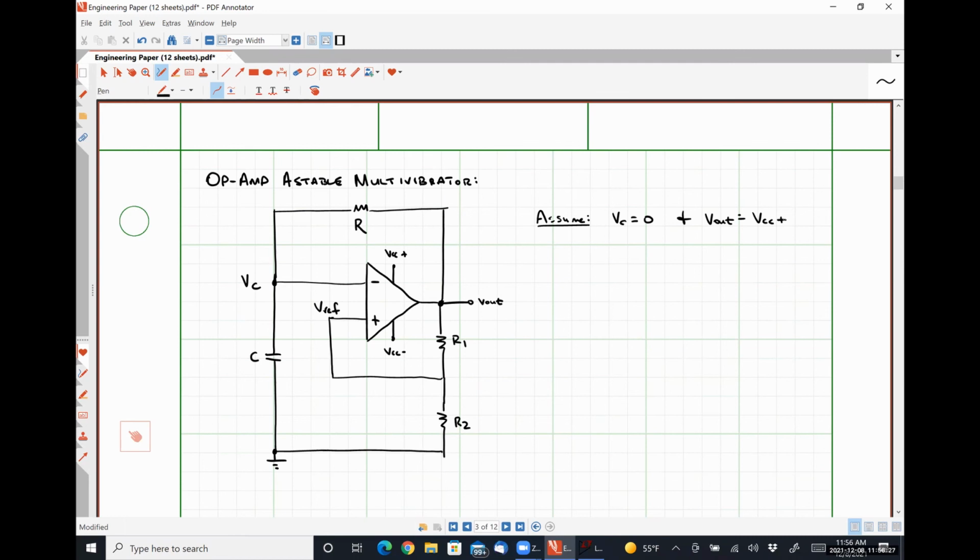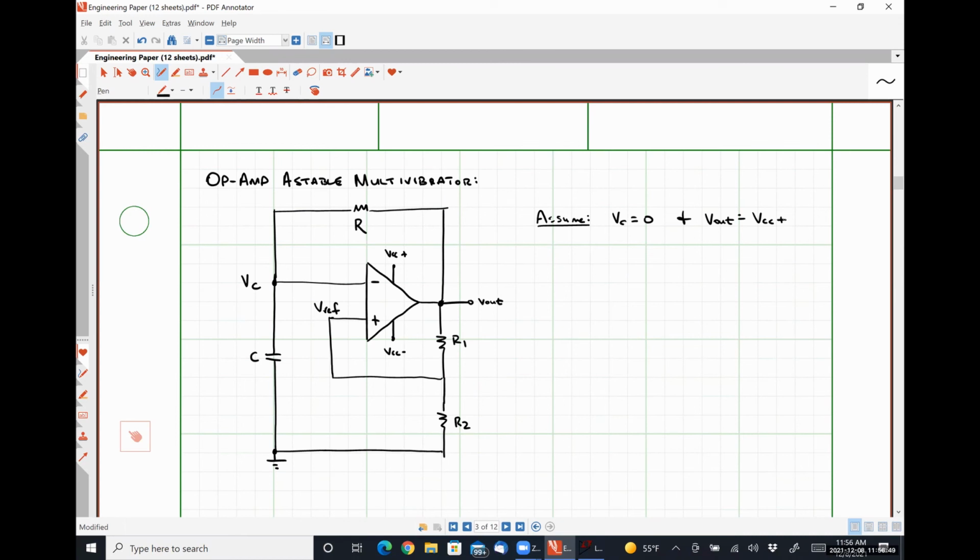Now on the other side, we have a simple voltage divider circuit where Vref is just going to be equal to V out times R2 over R1 plus R2. So this guy is going to start at no voltage, but begin increasing.